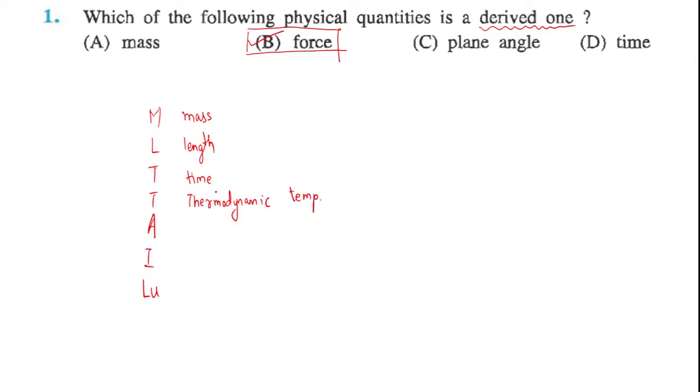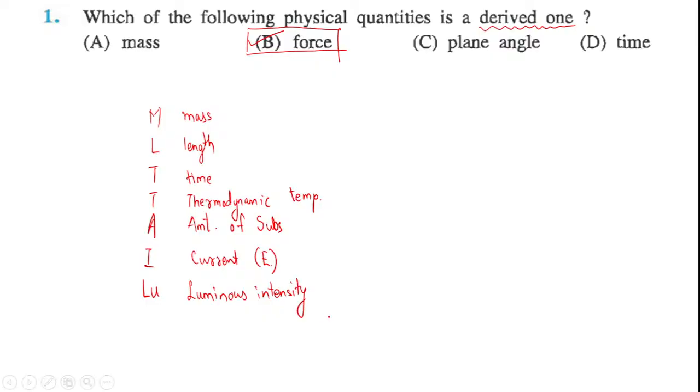Okay, kiddos. And the next is amount of substance. Obviously, I'll write down the short form. Another one is electric current, I just need to write down E. And the next one is luminous intensity.